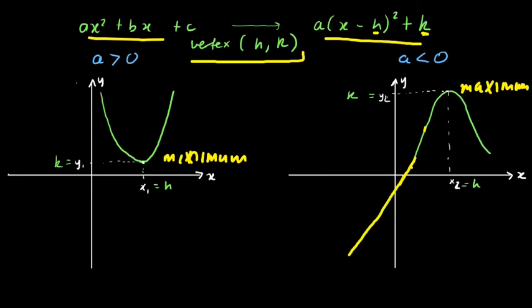It might go on and on, since we are not given the limits of this curve. The same applies for a graph where a is greater than 0: we can determine its minimum value. Okay.